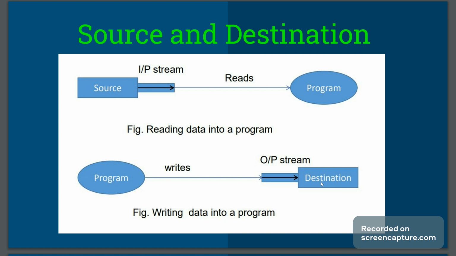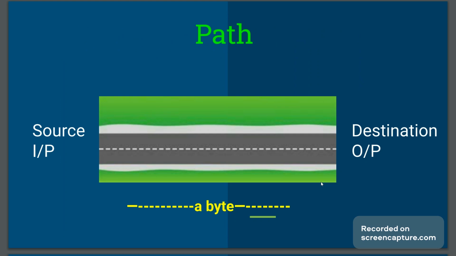If you are reading data in your Java program, you need an input stream. If you are sending data from your Java program to a destination, you need an output stream.